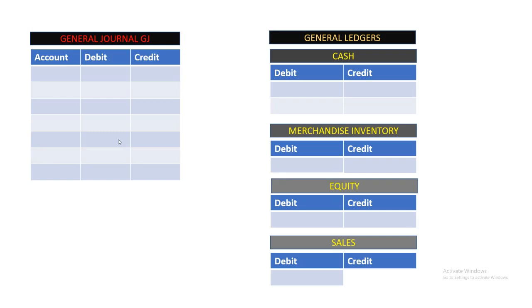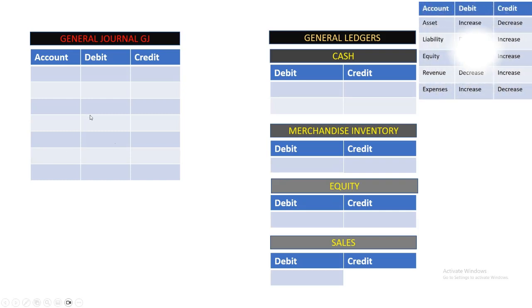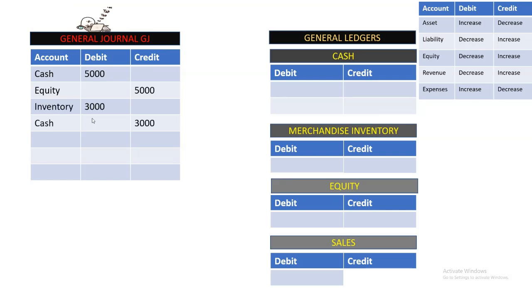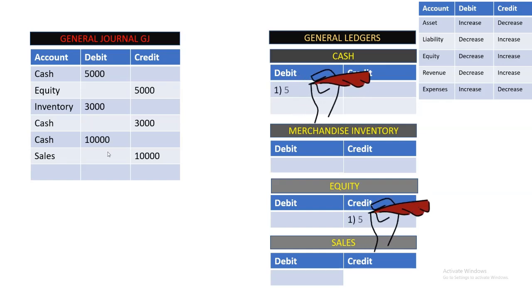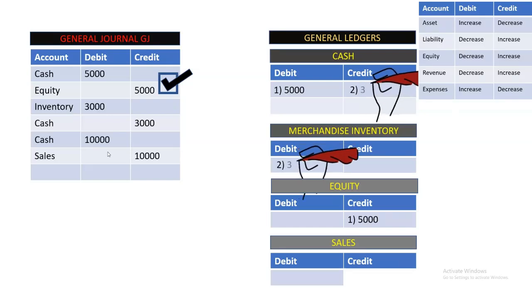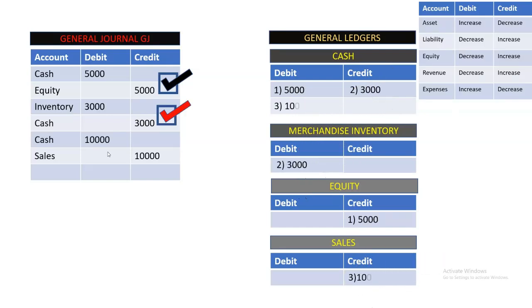The first journal entry is cash, and of course the owner's investment worth 5,000 equity. The second one is the start of the business, purchasing the goods for sale. And finally, the sales of the goods. And then we have posting. This is how traditional accounting goes, right?